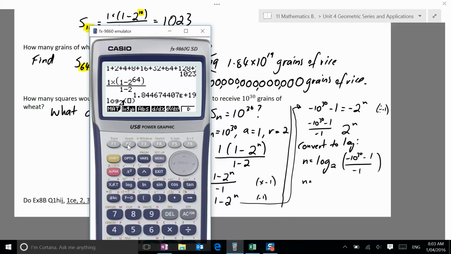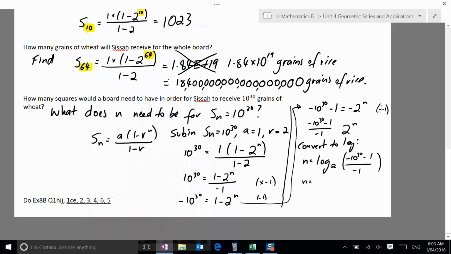Log base 2 of, probably put a fraction in here, minus 10 to the power 30 minus 1, divided by minus 1. That gives 99.65, 99.66.